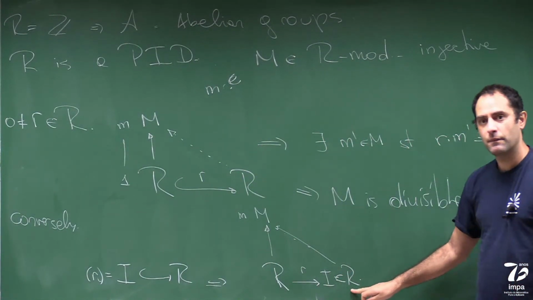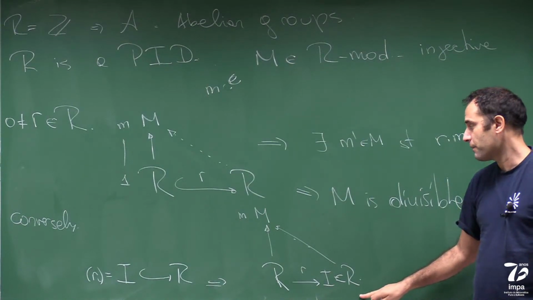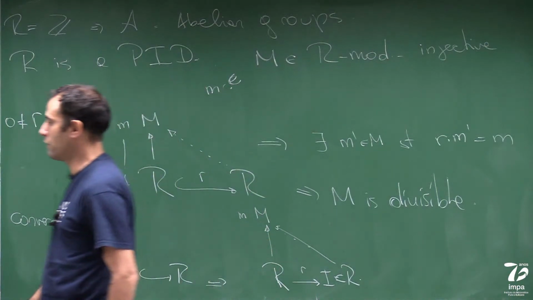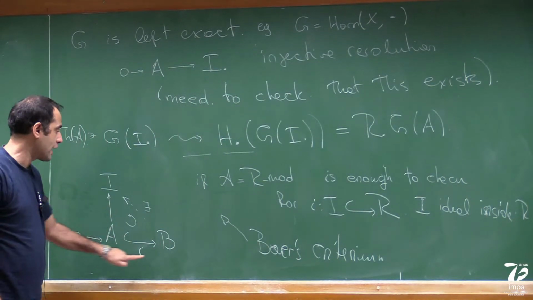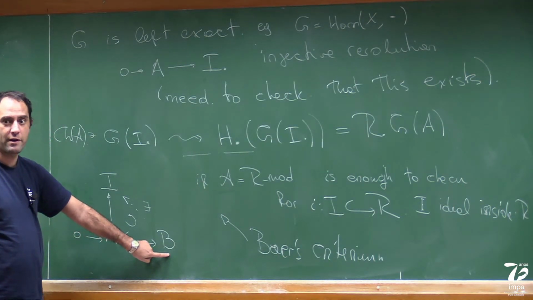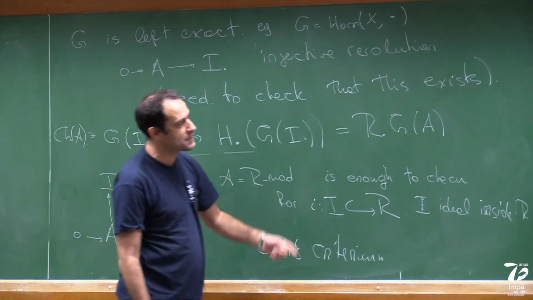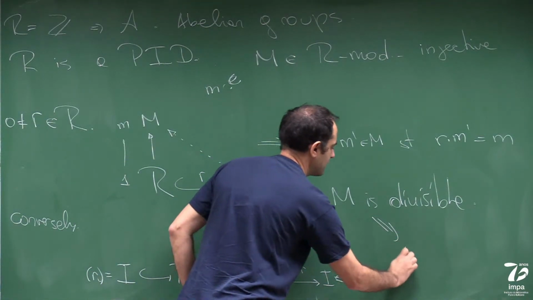This gives us the situation where we have an injection of an ideal inside of the ring, and we can just lift it. So we can lift every injection of this form where A is an ideal inside of R, and these are all principal because my ring was a principal ideal domain, so all my ideals were generated by a single element r. So we can use Baer's criterion and deduce that if M is divisible, then M is injective.